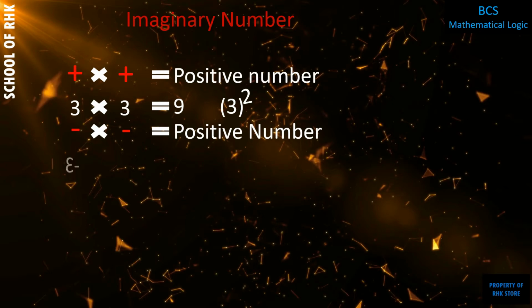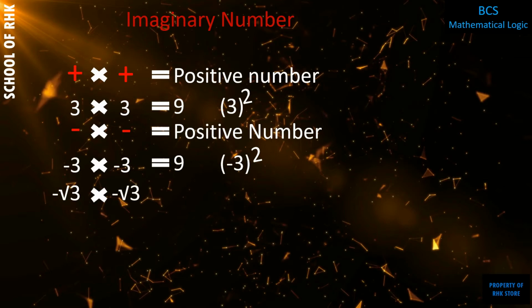For example, negative 3 times negative 3 is equal to 9. Again, if we multiply the negative square root of 3 with the negative square root of 3, we get positive 3. Our luck is not very favorable because we still cannot think of a number whose square results in a negative number.